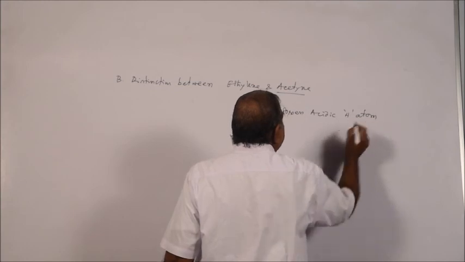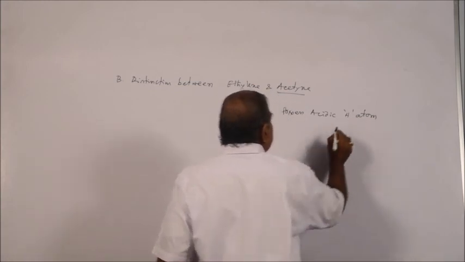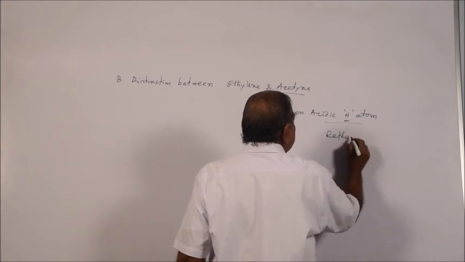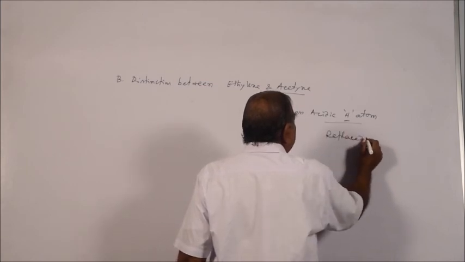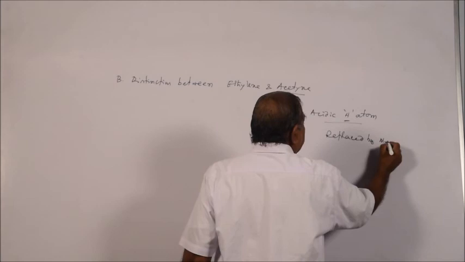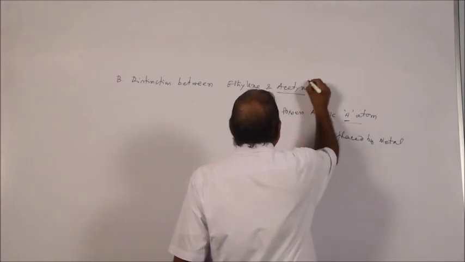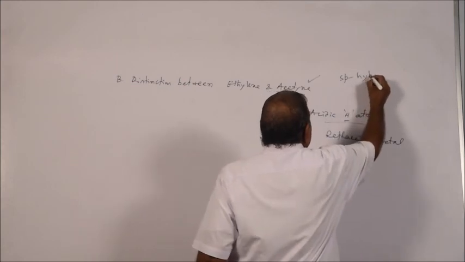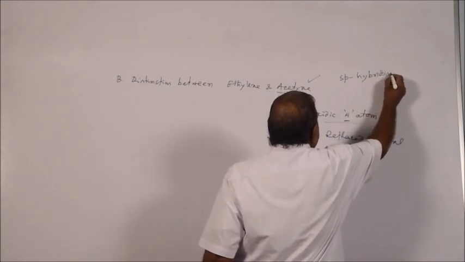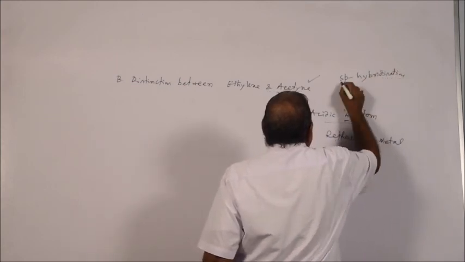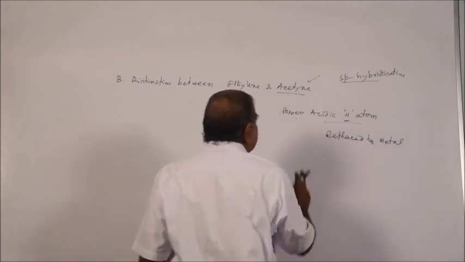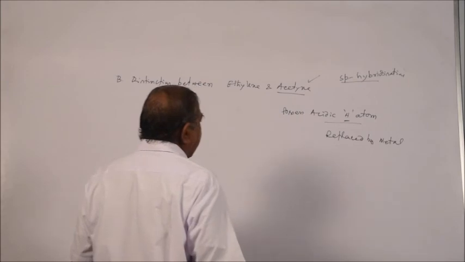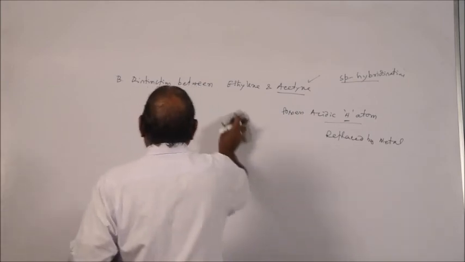Acidic hydrogen atom means the hydrogen atom can be replaced by metals. Here carbon undergoes sp hybridization, so it possesses 50% s character. Therefore, the hydrogen atom in acetylene is acidic in nature.